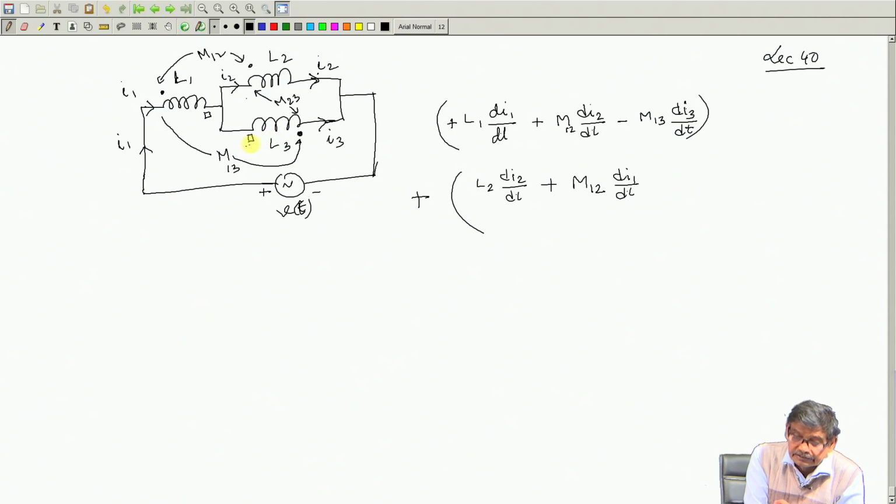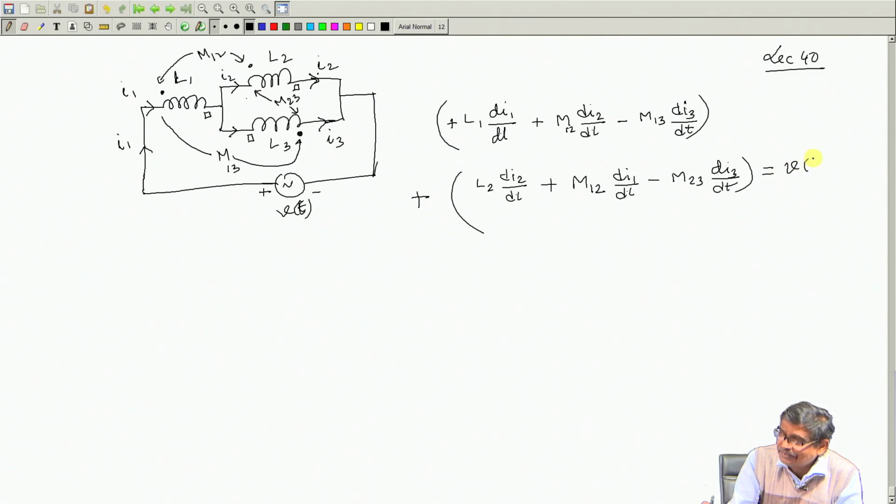And for this, if these two are dots, these two are also dots, with a square. So, through the square I3 is entering, this square will become plus. So, it will be minus M23 dI3/dt, and this will be equal to V(t).